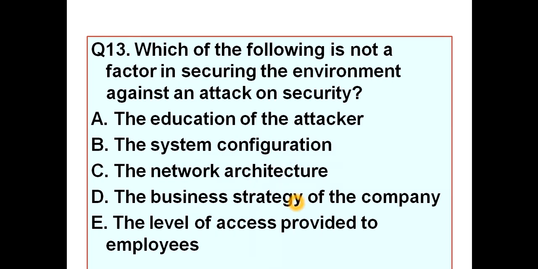Option D, the business strategy of the company. And option E, the level of access provided to employees. This type of question you may also face, where a little bit of common sense will help you answer correctly. So please think at least for 10 seconds, then answer.